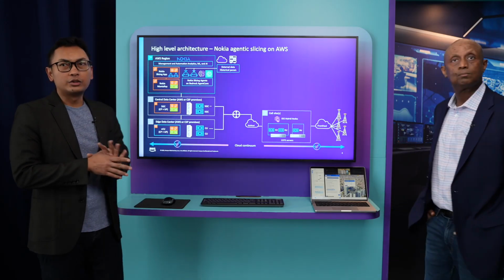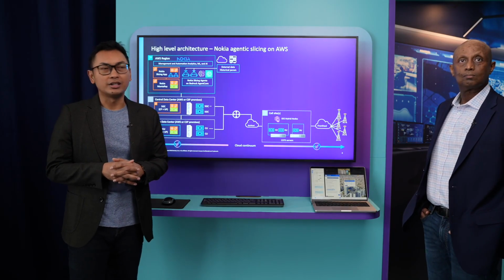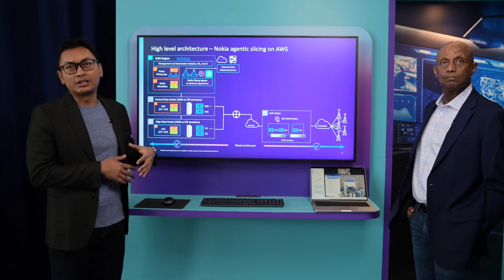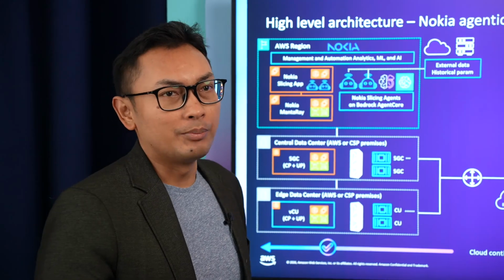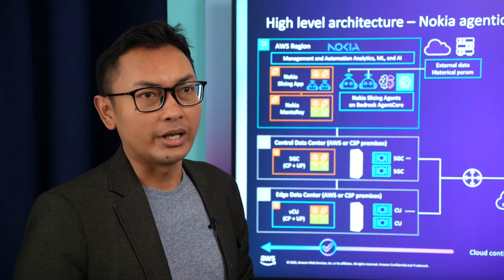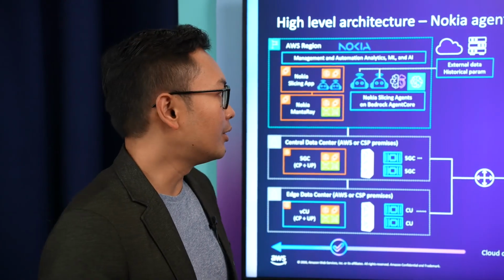Now we are back to the architecture, how we are doing this together with Nokia. Nokia created the agents on top of Amazon Bedrock AgentCore, utilizing language models hosted by Amazon Bedrock. The benefit of Bedrock is that all the models are hosted in a serverless way, so you don't have to worry about infrastructure, scaling in and scaling out.